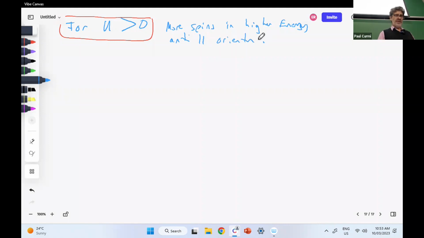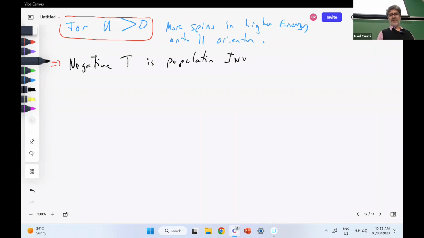So what does this mean? It means that my negative temperature is a population inversion. Okay, so I've got more spins in the high energy state than in the lower energy state.